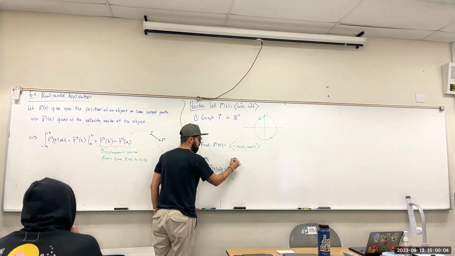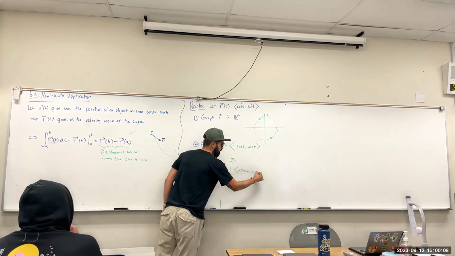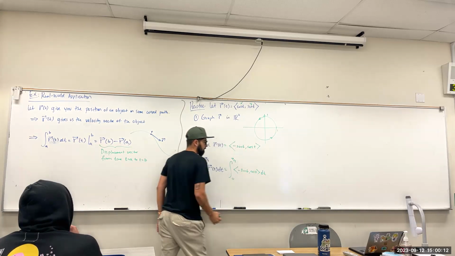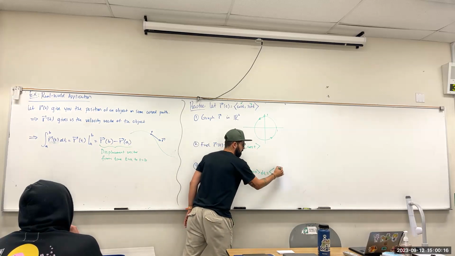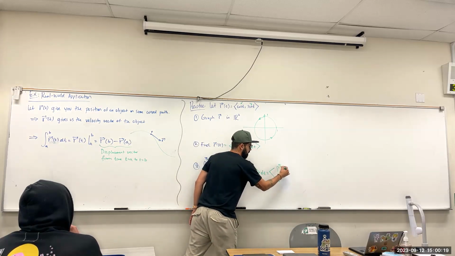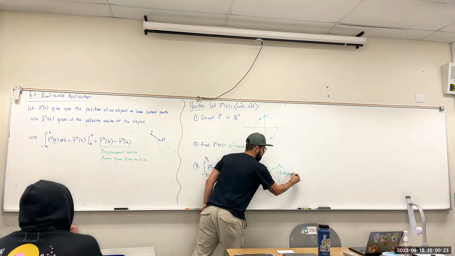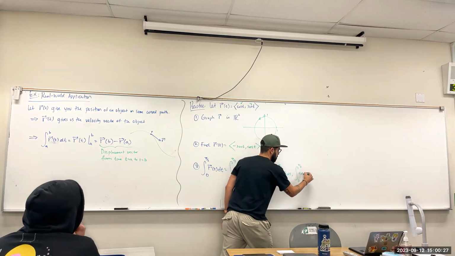But when you integrate this here, sine of t, cosine of t, yes, it does give you r. But just to go off of the definition, that means I need to integrate each of these. This is how you're actually going to do it in the homework. And then you're going to have to integrate the other function.